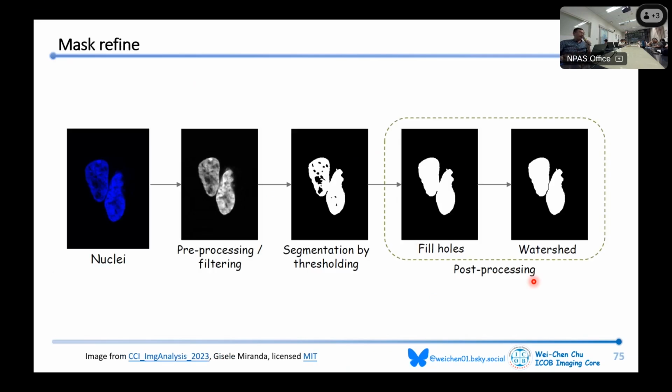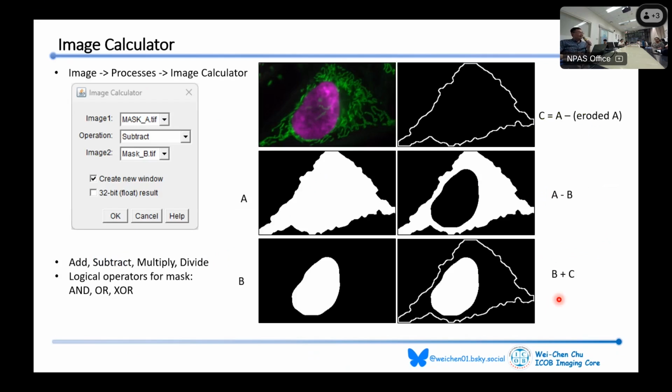Suppose this is a nucleus. We do some processing, either remove the background or noise, and then do a thresholding. Sometimes even after pre-processing, the result is not perfect, so we can refine this mask, for example with fill holes, or apply watershed to try to separate touching objects. Sometimes we can have different masks.